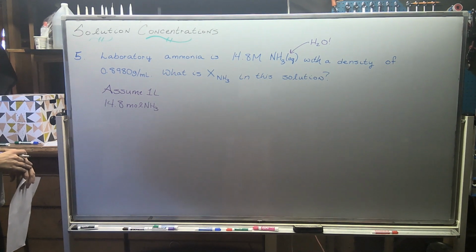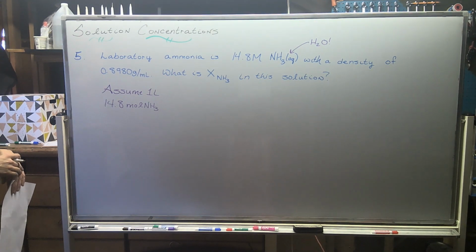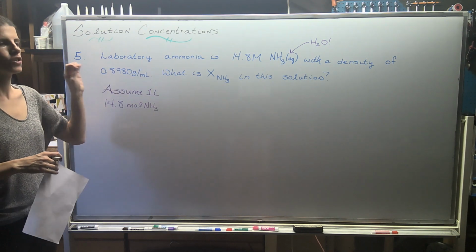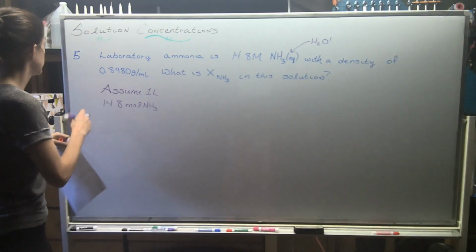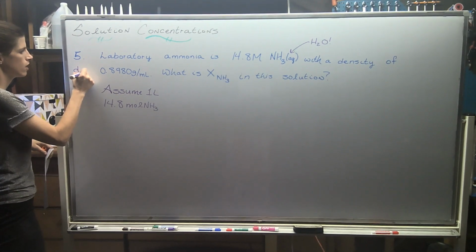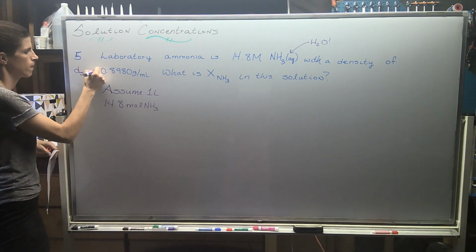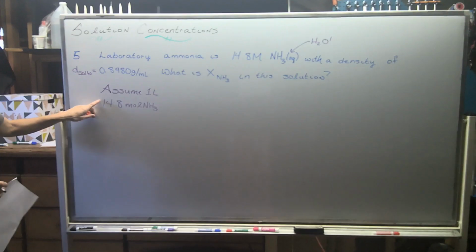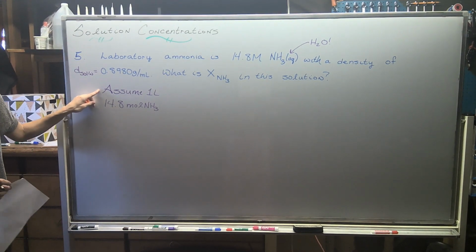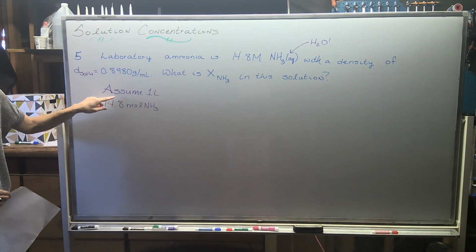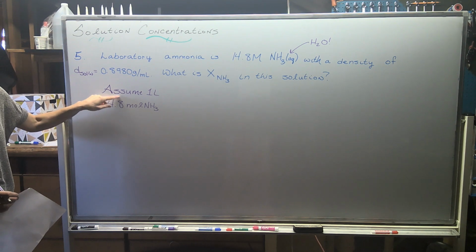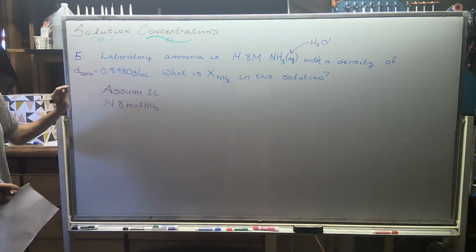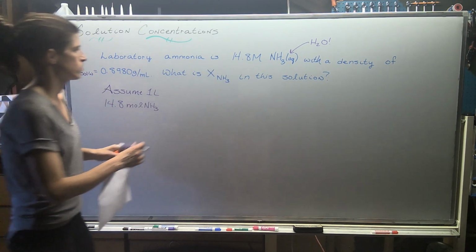It'd be really nice if I had the mass of water. However, I do have the density of the solution. So this value right here is the density of the solution. And I made an assumption about the amount of solution. So I'm going to combine my assumption about the volume of solution with the density of the solution to get the mass of the solution.